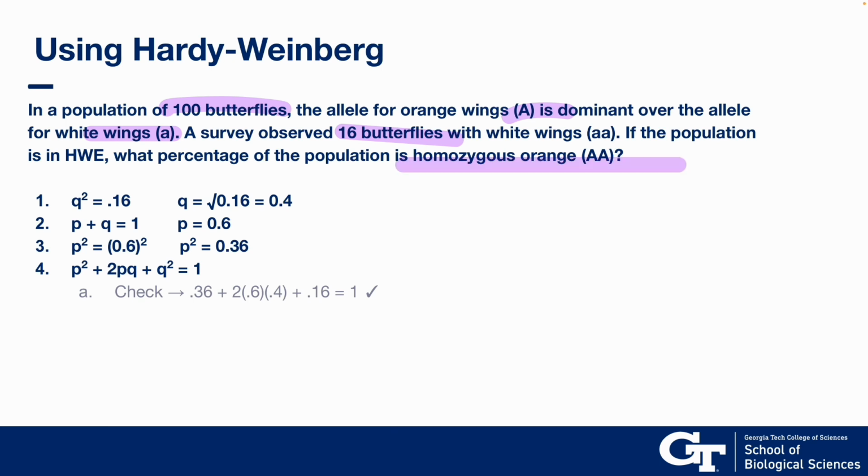So what we have to do is, we're looking for a homozygote, so we have to find P, or in this case, we have to find P squared. We're told that we have 16 butterflies that are white wings, so little a, so we know that this is Q squared. So if Q squared is equal to 0.16, how do we find Q? We take the square root of that, we get 0.4.